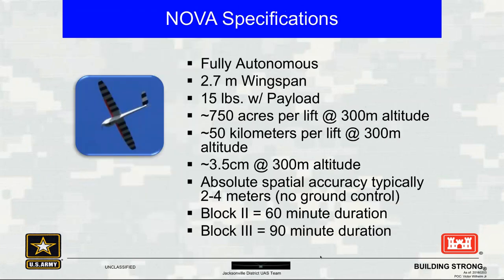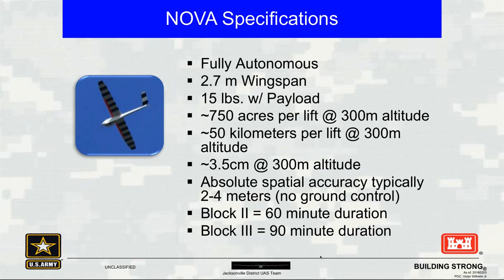Next slide, please. So it is fully autonomous. We basically take off and land it by hand, although it will do both autonomously. But once it's in the air, it is controlled from the ground station unit by an autopilot software program. It's about a 2.7 meter wingspan, 15 or so pounds with a full payload.